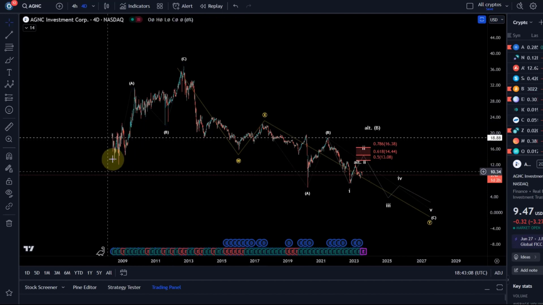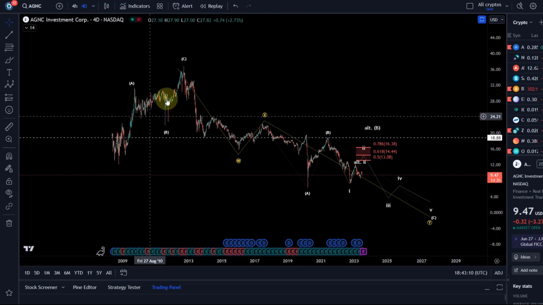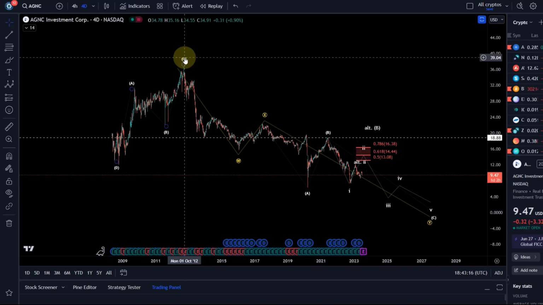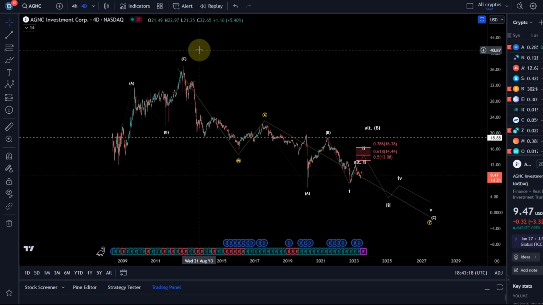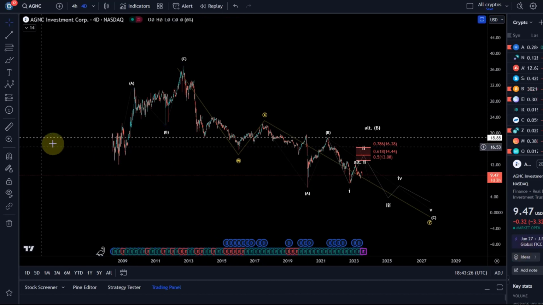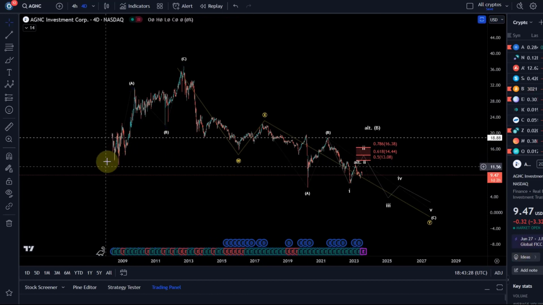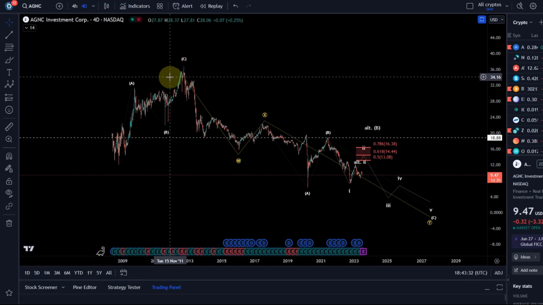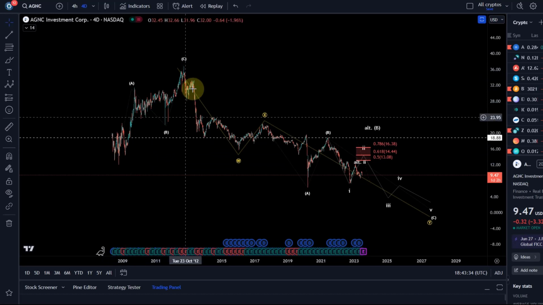Even if I wanted to try to count 5 waves to the upside here in the beginning, between 2008 and 2012, it wouldn't be valid because price made a new low below this make or break point here at around $12. So it made a new low, so it forces us anyway into the interpretation that this is an ABC structure, a corrective move to the upside here in the beginning.